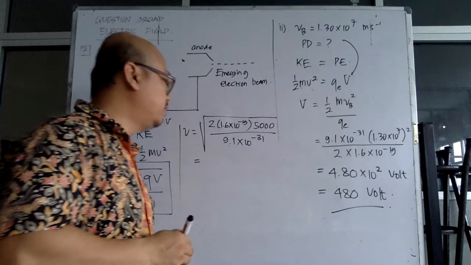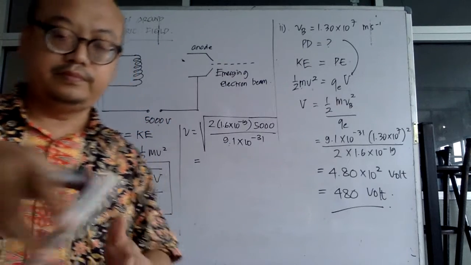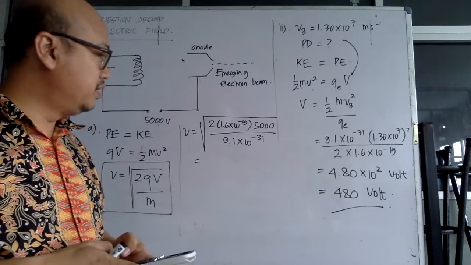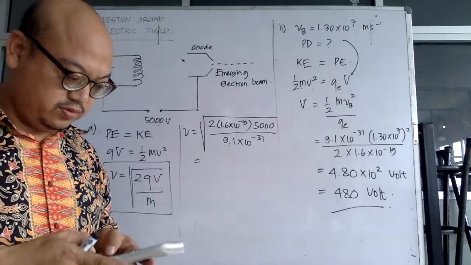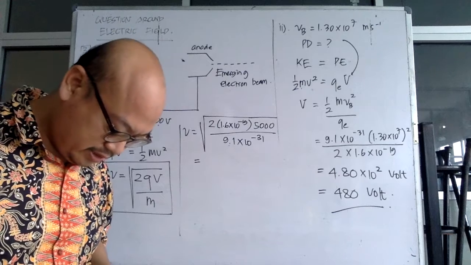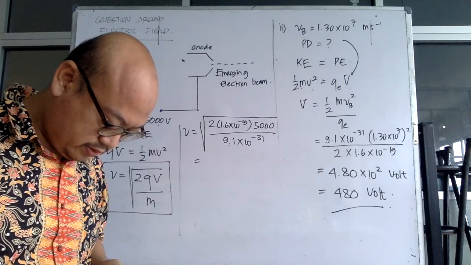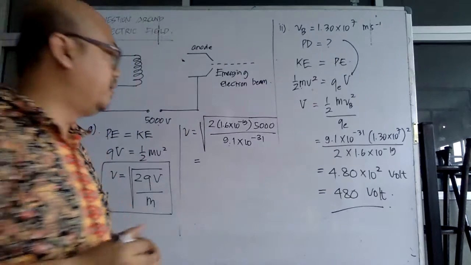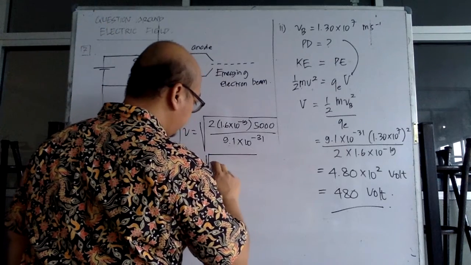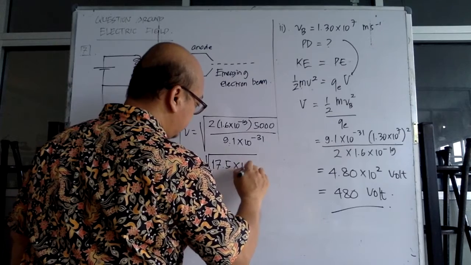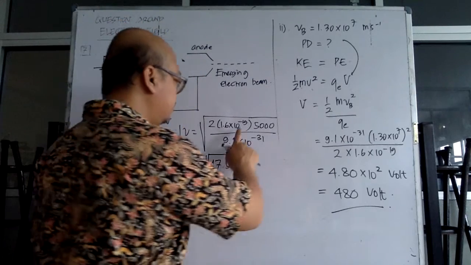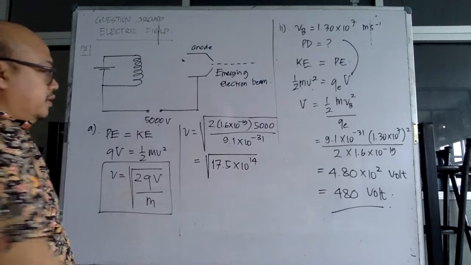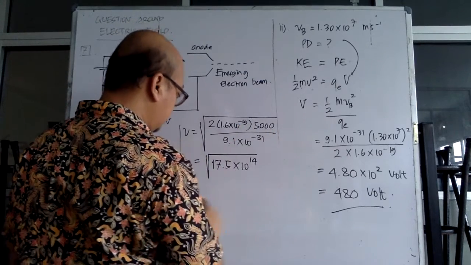Let me calculate these numbers. 2 times 1.6 equals 3.2, times 5, divided by 9.1, so we have around 17 times 10 to the 14.